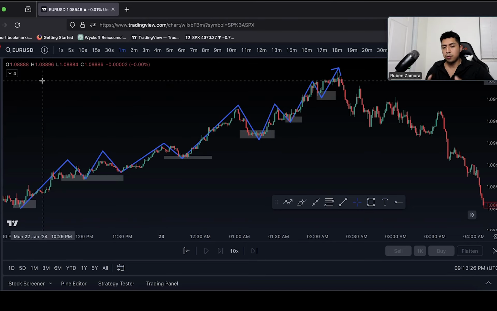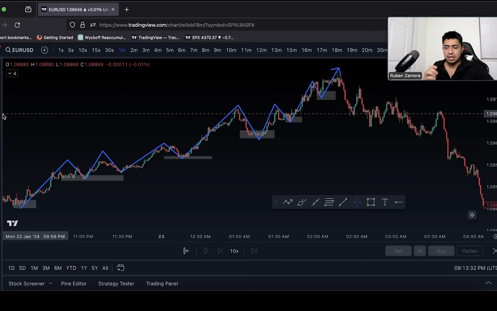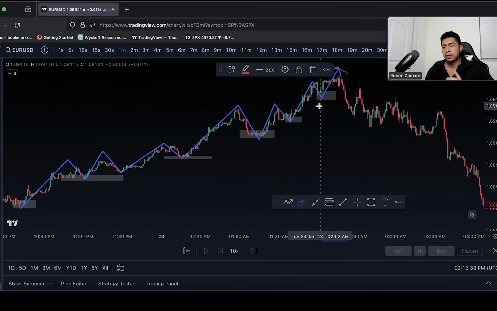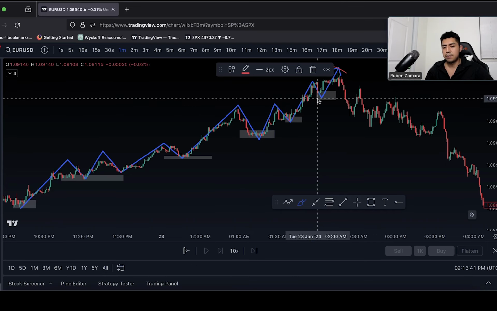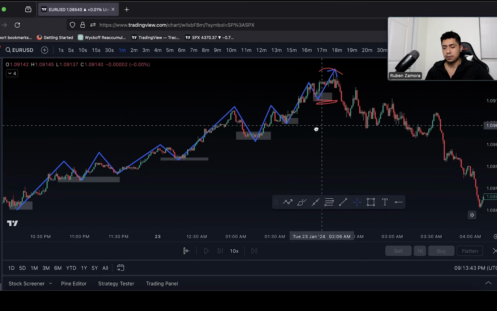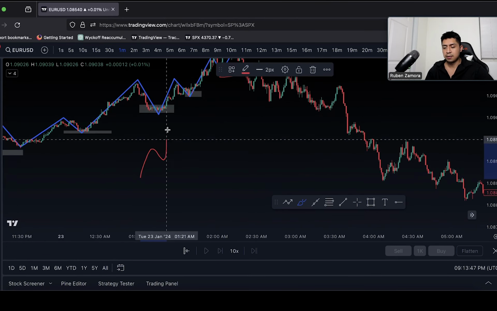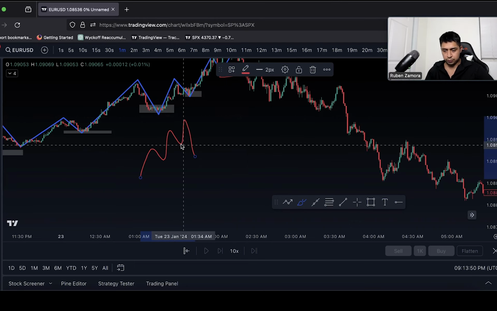In order for an uptrend to fail and to start seeing a reversal, a higher low has to be broken. And where that higher low has to be broken is the moment that, if this was the last high that has been created, where did it come from? It came from right here. So now we want to see something like this: higher high, higher low, higher high, higher low, higher high, breakthrough.